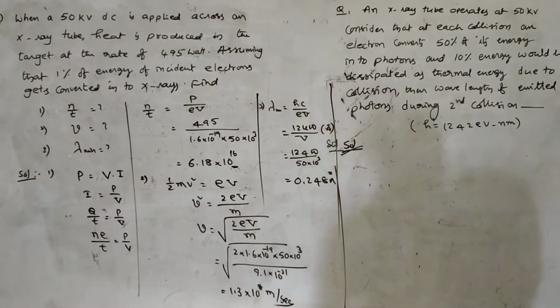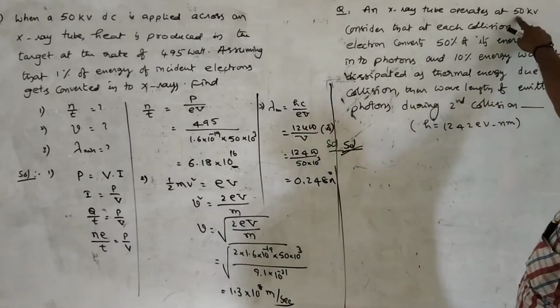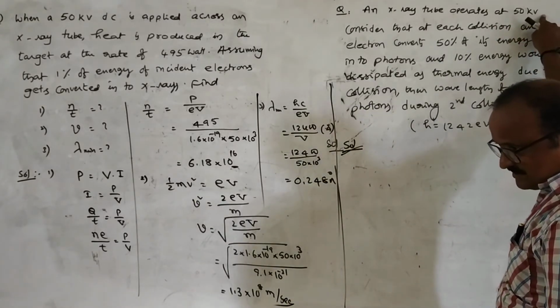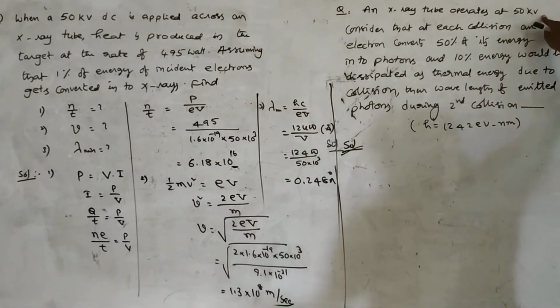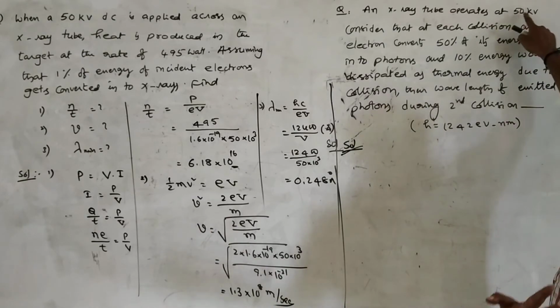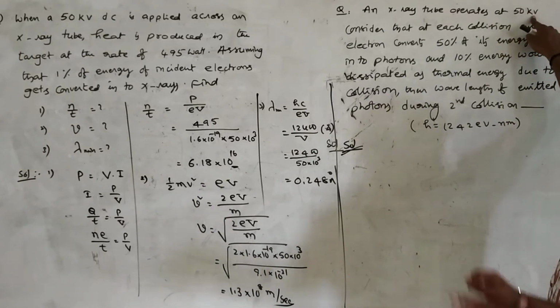So see here, the X-ray tube is operating at 50 kilovolts, which means the energy of the electron from the filament should be equivalent to 50 kilo electron volts.